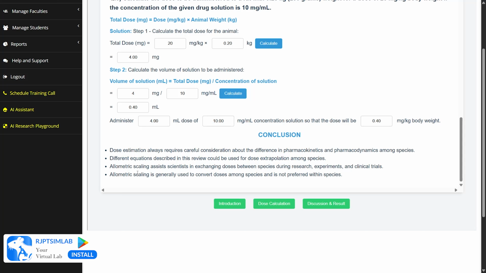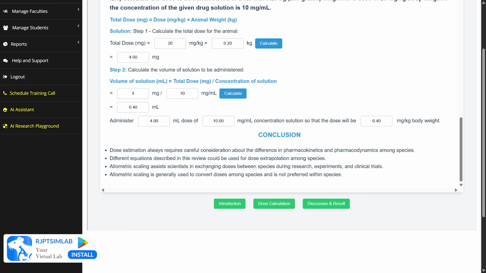So when the size increases, the characteristics of the animal will change. So considering this factor, when exchanging doses between species during research experiments and clinical trials, we have to keep in mind that according to the size also, the doses change.